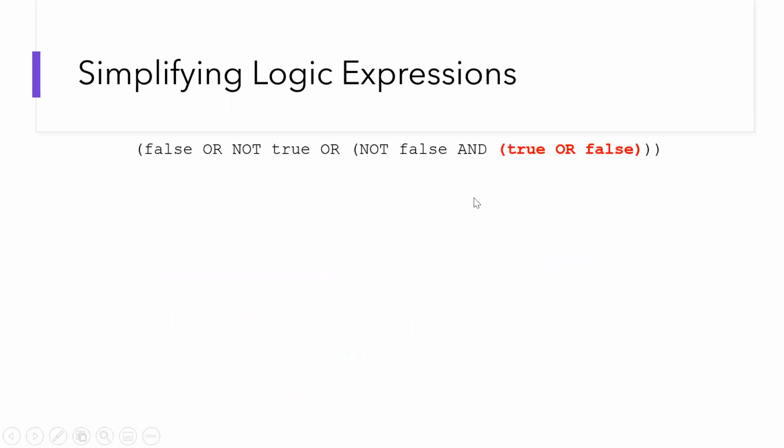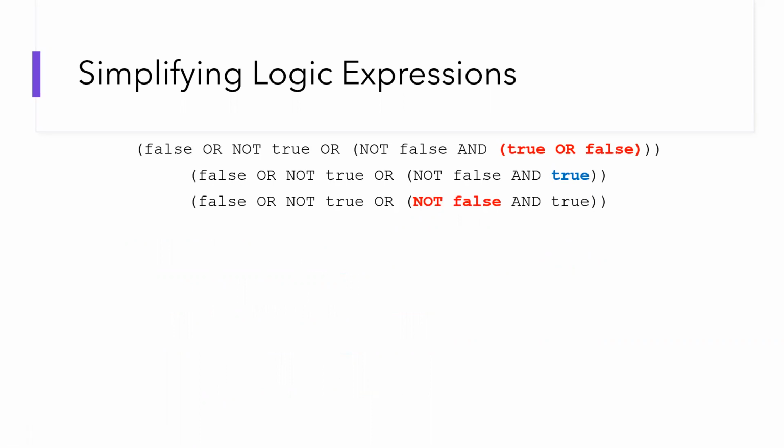All right, so some more examples. So if I have true or false, that evaluates to true. Next step, I'll evaluate this not false, again, because it's in, one, the deepest set of brackets, and two, because we evaluate the not first before the and. So that becomes true, and then we're going to look inside this deepest set of brackets.